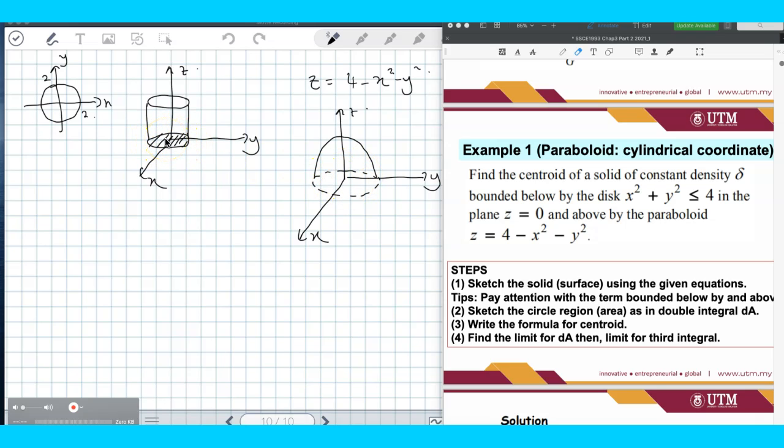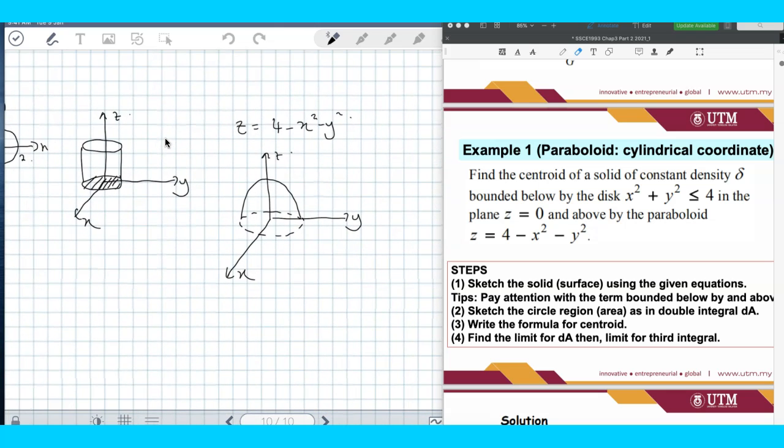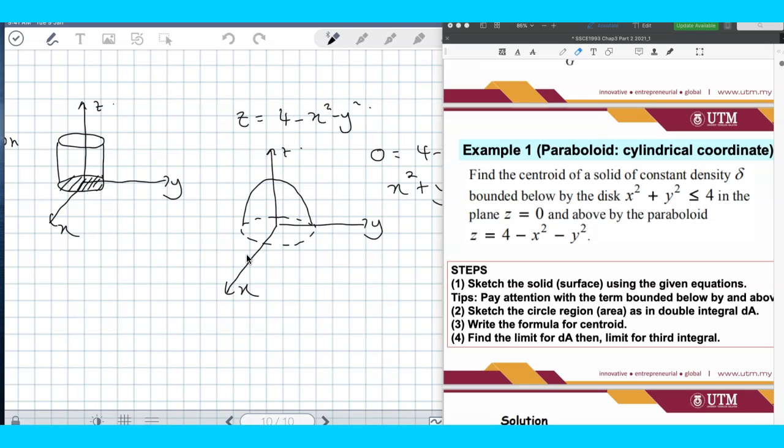You can determine that by setting z equal to 0 in 4 minus x squared minus y squared, which gives x squared plus y squared equal to 4. So right on the floor you have a similar size of circle: this one 2, this one 2.